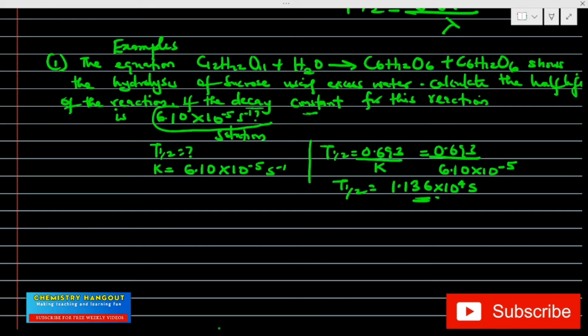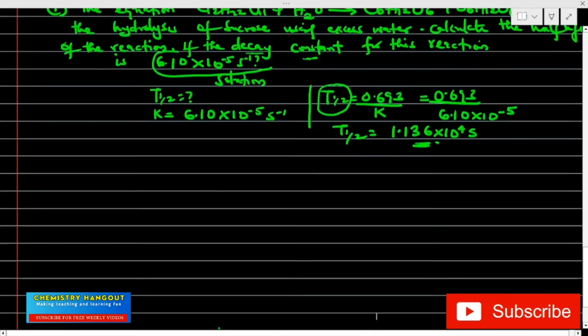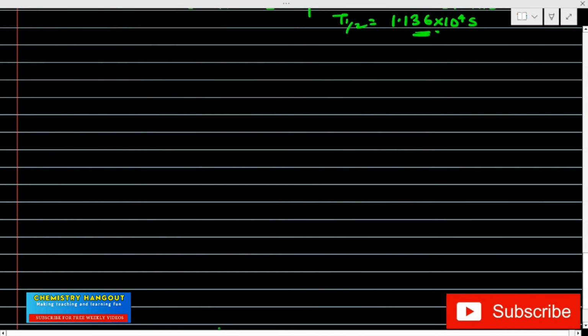Or if you are given your half-life and asked to look for your constant, it's still the same thing; you can look for your K. Very, very simple. So when they ask you to look for your half-life, given your decay constant, you can use this to look for it. Very important. Now let's go to another question.